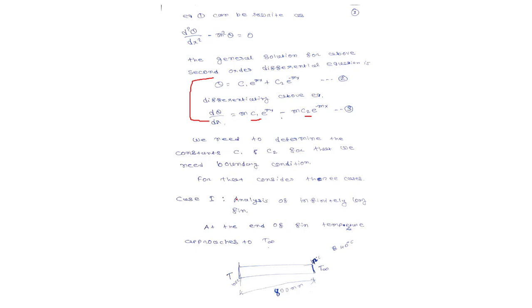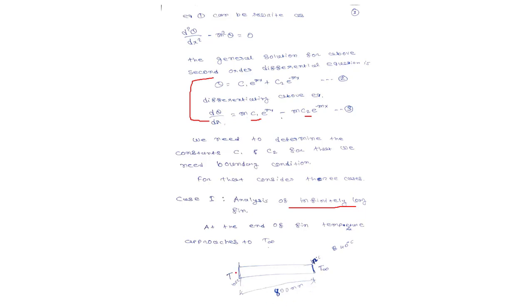So for that we are considering three cases. This is the first case, in which the fin is infinitely long. So at the end of the fin the temperature approaches T infinity. As we know, we use T infinity for atmospheric temperature.